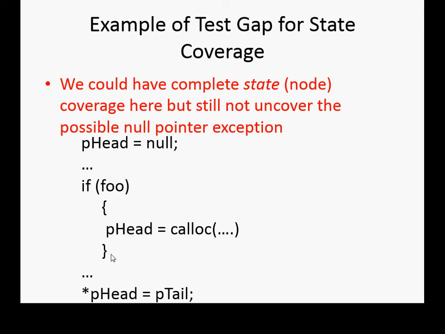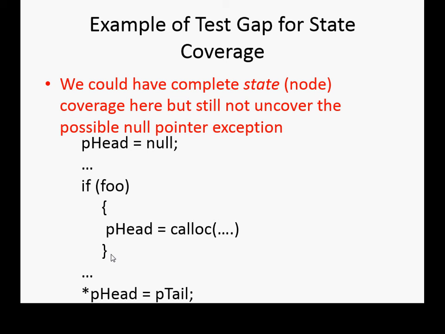So this is the true. Another transition would be this is false and you fall through. And if you tested that in addition to the true one, you would find this bug where it's false. So this is an example of a bug that could turn up if you engaged in transition-based coverage, but not if you engaged in state-based coverage alone.